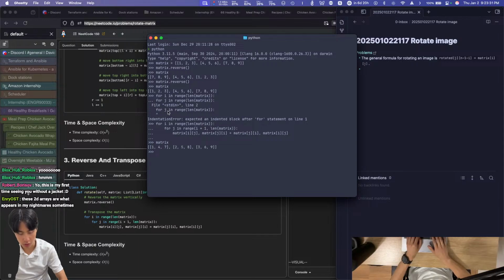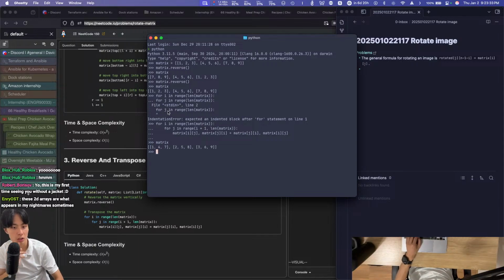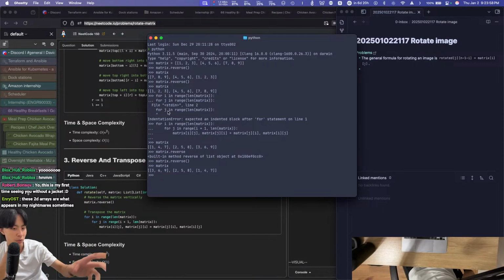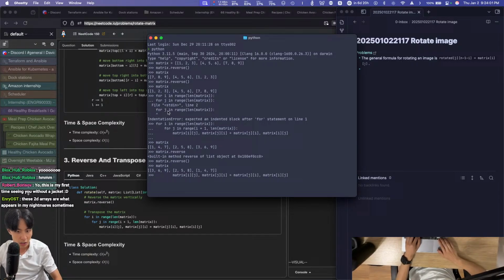The matrix now is 147, 258, 369, where we can now matrix reverse. So 1, 2, 3, 4, 5, 6, 7, 8, 9. Kind of rotated it the wrong way, so I rotated the opposite way. Obviously then, I did this, followed by this, followed by this.